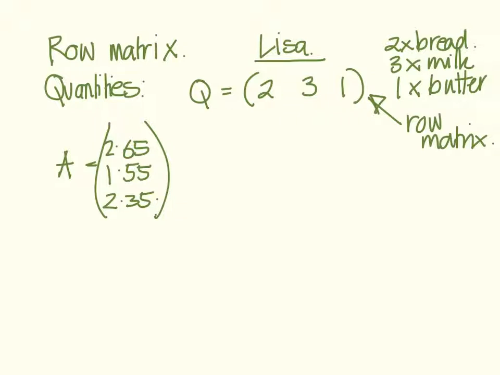Now if Lisa goes to another shop and the prices are different, we are going to create a single cost matrix that describes different costs, but that still relate to our bread and our milk and our butter.